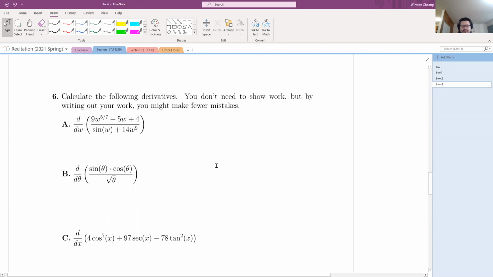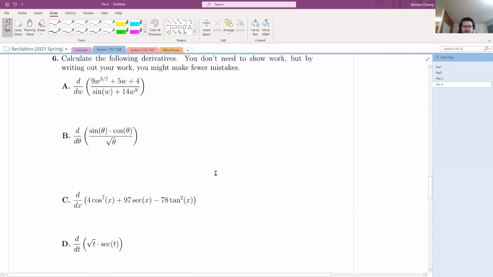Okay. If you want me to step through this carefully so that you can understand everything, it's going to take a bit of time because these are somewhat complicated looking, right? So this is quotient rule. Hopefully you can see that, right? You've got a quotient of two functions, and then it's just putting a sign in there just to make you guys practice, I guess. All right, so do you remember quotient rule?